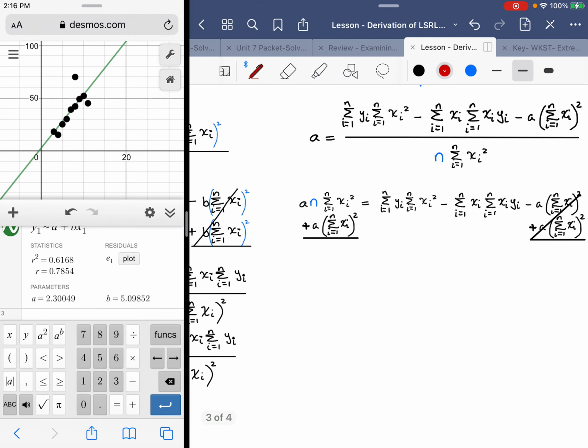So I'm going to pull out the a, and it's going to leave me with the n, sum from i equals 1 to n of x sub i squared, plus the sum from i equals 1 to n of x sub i as a quantity, squared.